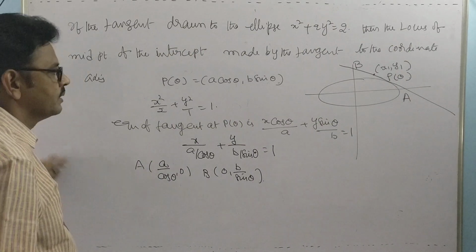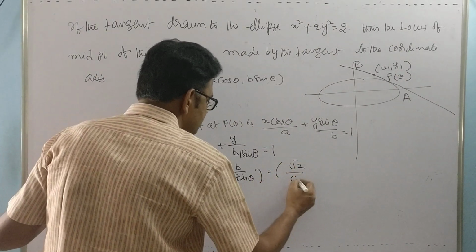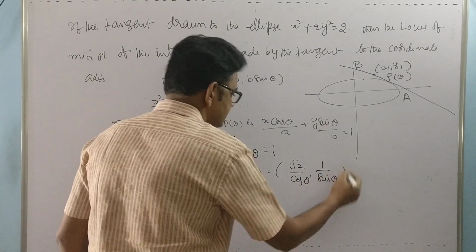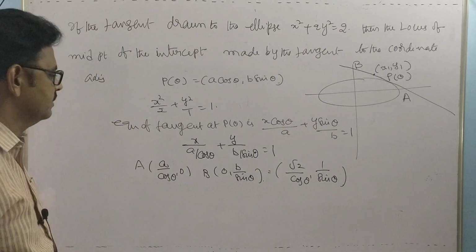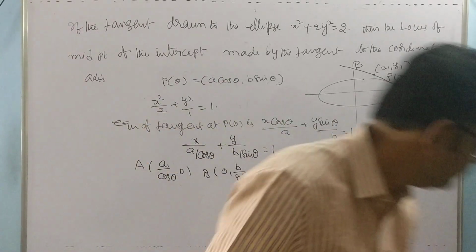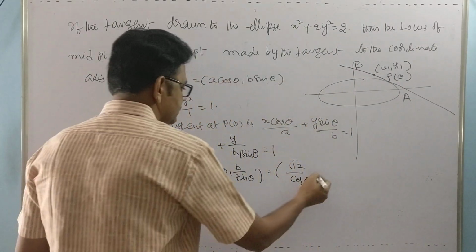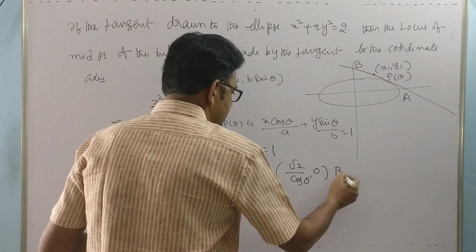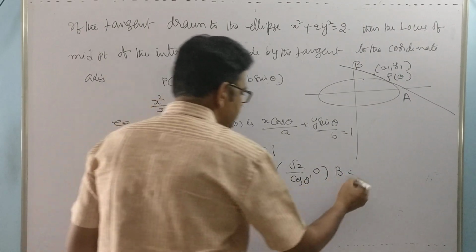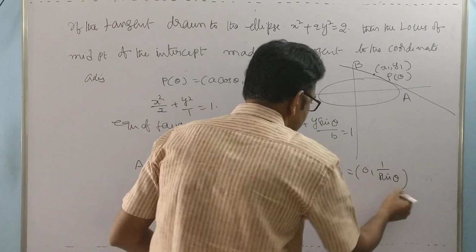So A is (root 2 by cos theta, 0) and B is (0, 1 by sin theta).